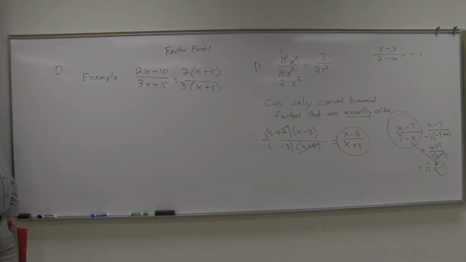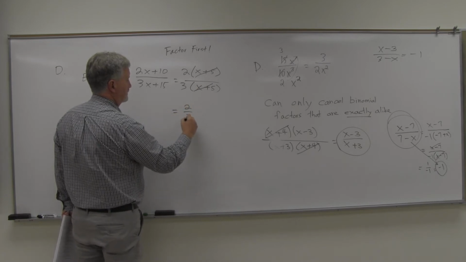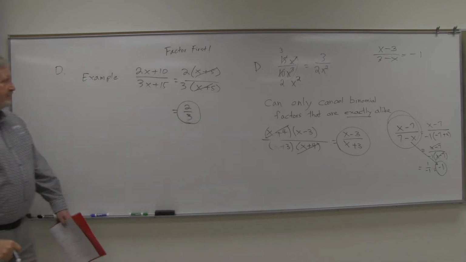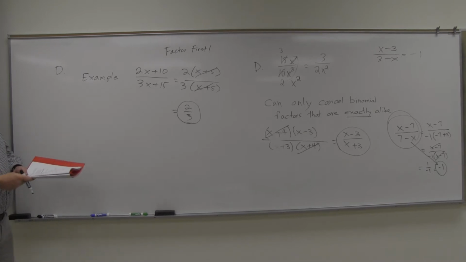And so sure enough, we do have that common binomial factor, factors that are exactly alike, those can cancel out, so ta-da. We do have 2/3 as the reduced form of this example. Is that okay? Question or concern?